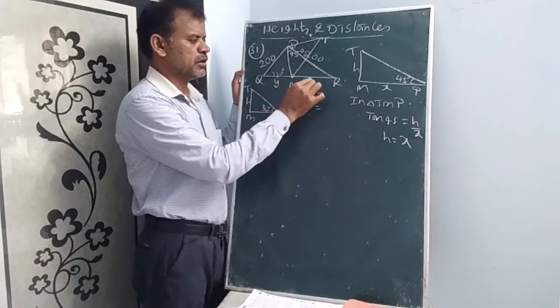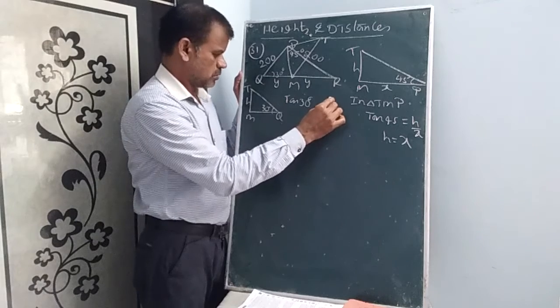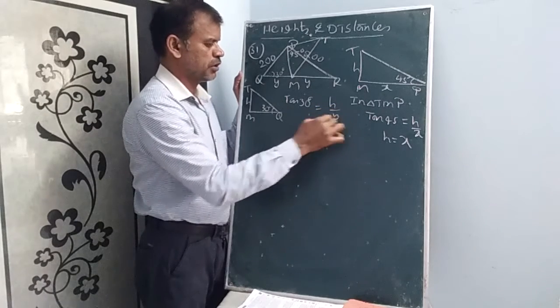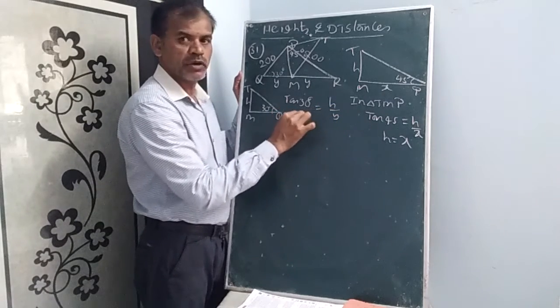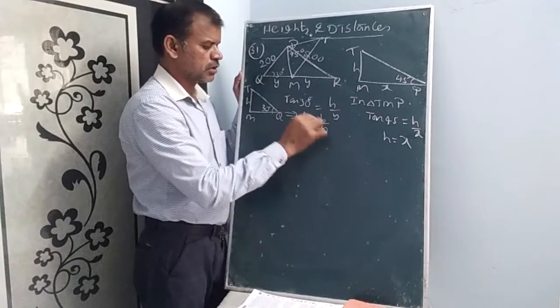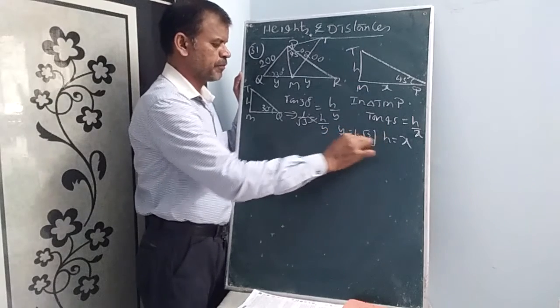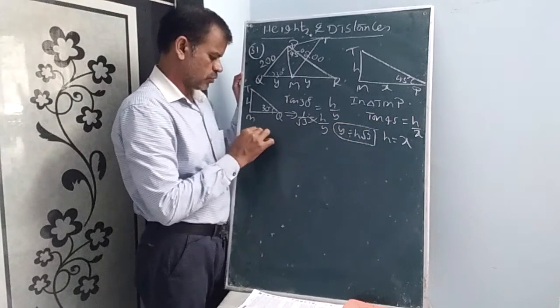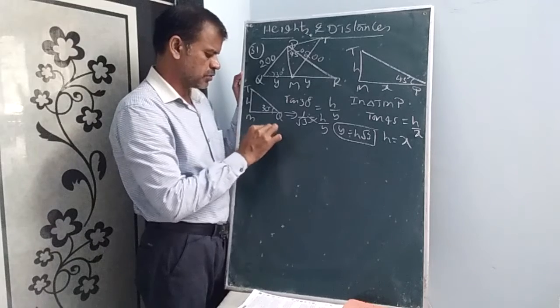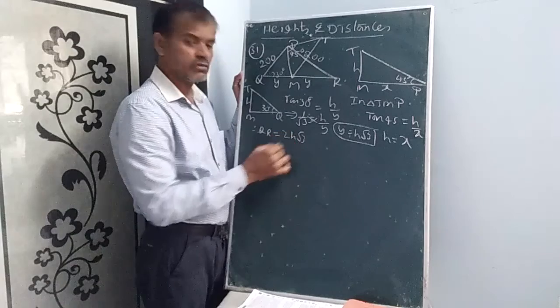Let MQ be Y. Since M is the midpoint, this is also Y. So tan 30, which is 1 by root 3, equals H by Y. Cross multiplying, Y is equal to H root 3. Therefore QR is H root 3 plus H root 3, which is 2H root 3.